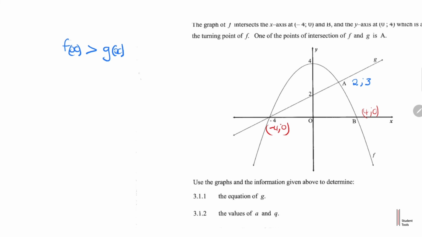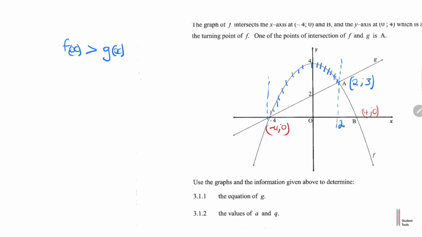So from here we can see that f is greater than the straight line, and it is still greater until here at A, which is (2, 3). So here we have an x value of 2, and here we have negative 4.